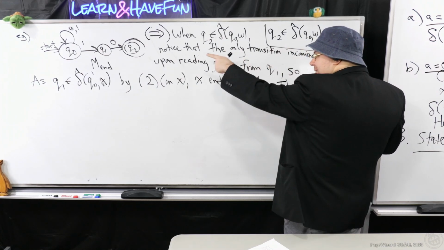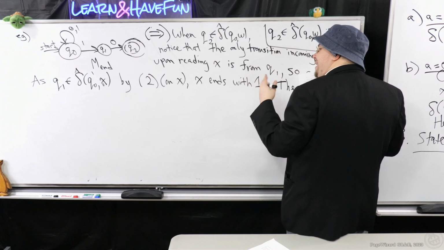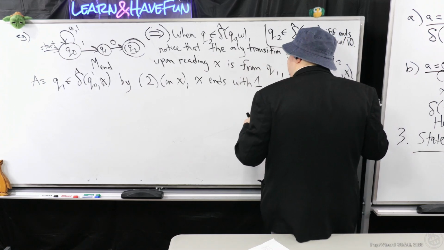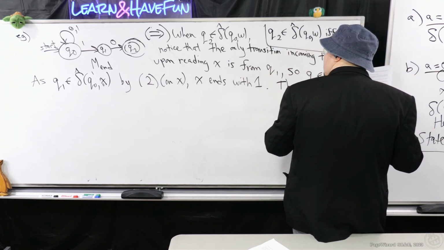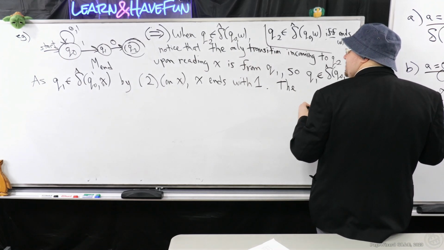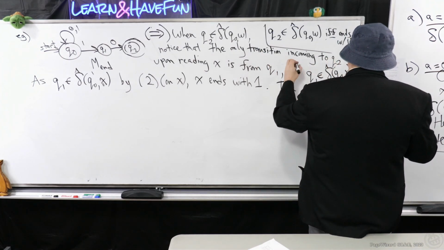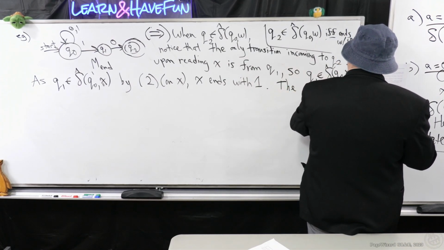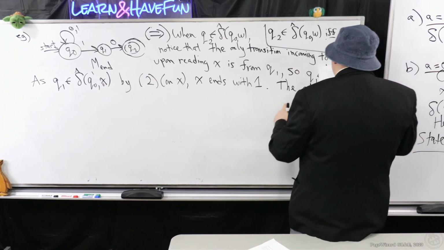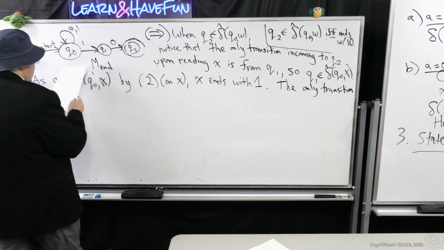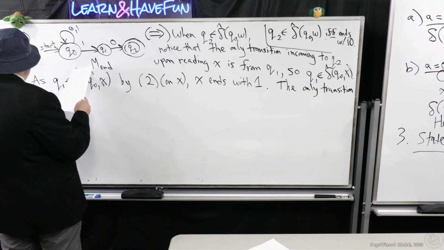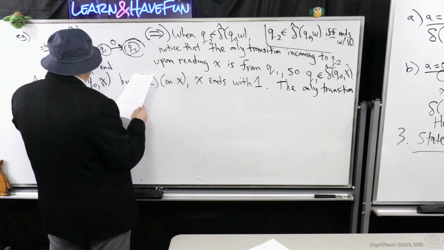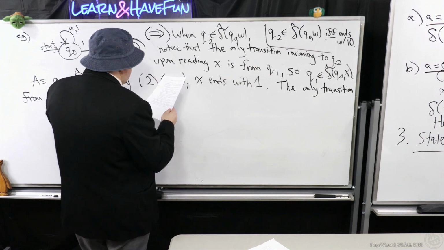Now, I pointed that diagram over there to help us. What's the only way I can get from Q1 to Q2? It's over a 0, right? Okay. So let's put this in words. The only transition from Q1 to Q2 is on 0, right?